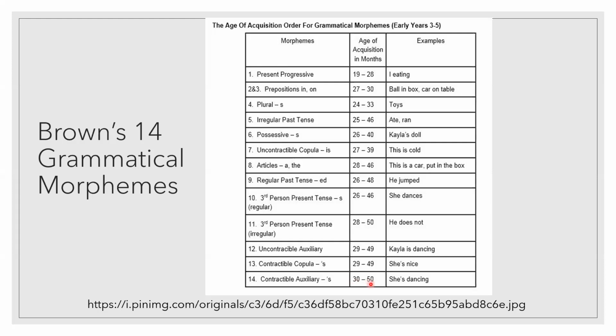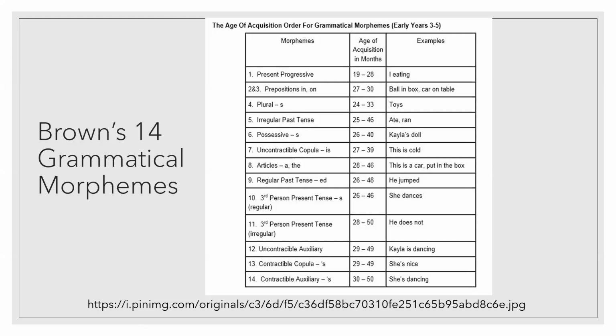But you don't expect kids to get to mastery, which is this second number. Anywhere in between here is what we consider within normal limits. So some kids will have them emerge as early as 19 months and some kids as late as 28 months. So those are the kinds of things that you need to keep in mind.